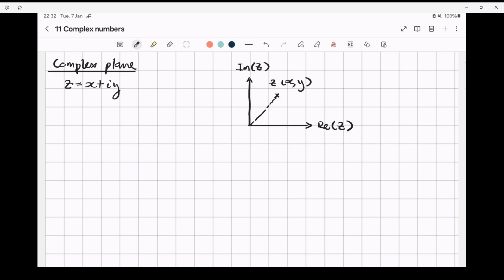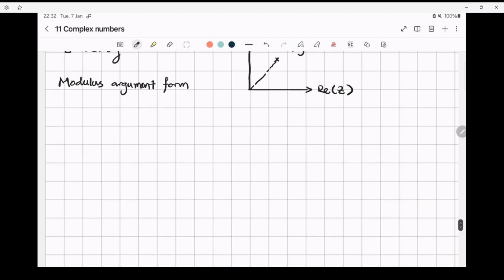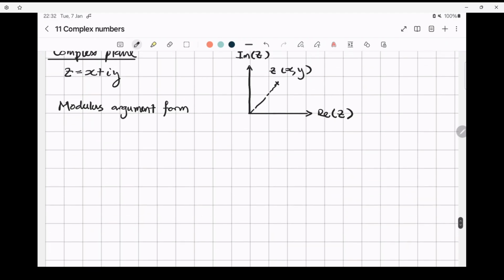Now there is a more convenient way for us to represent a complex number. This particular way is what we call the modulus argument form. The way for us to represent a complex number in the modulus argument form is to consider this particular complex number on your xy plane as something like a triangle.